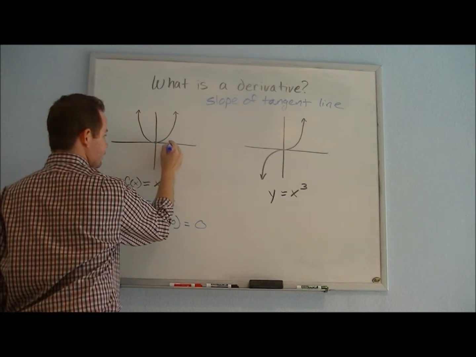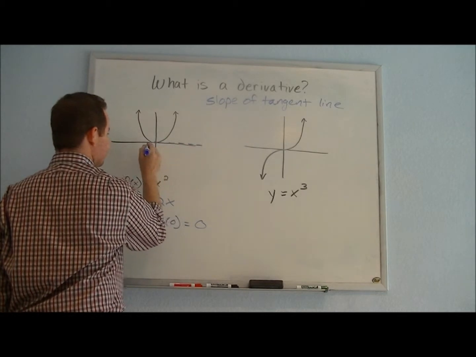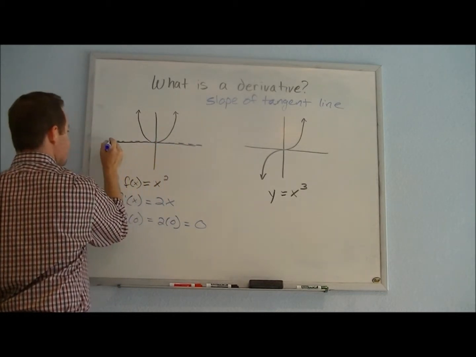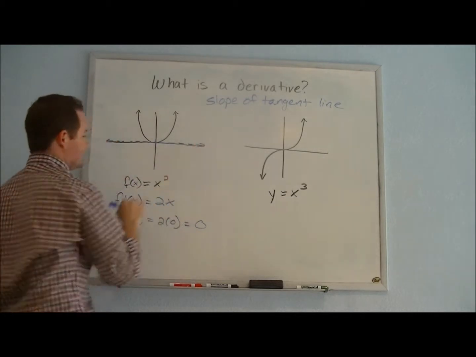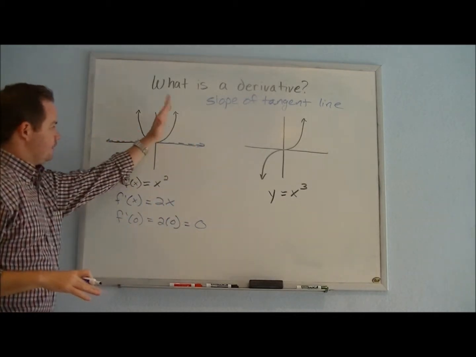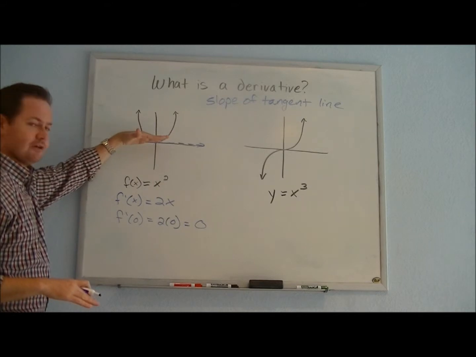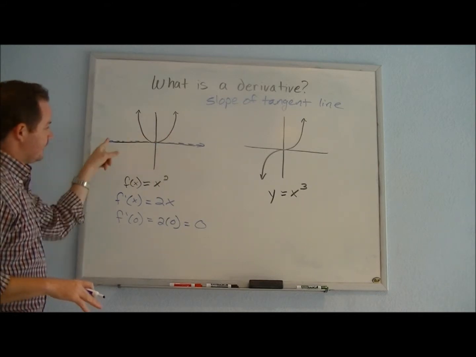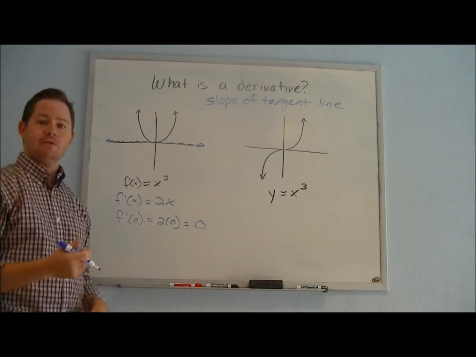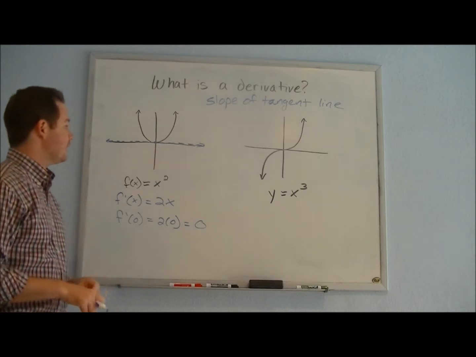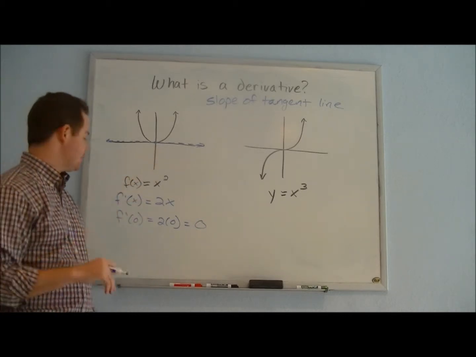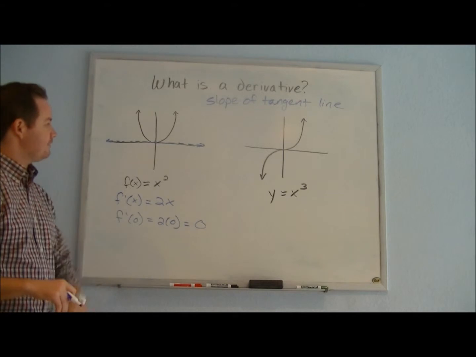That would be a horizontal line, because right at that exact point, just at the bottom of that curve, it's completely flat. Hopefully, as we've experienced in other math classes, horizontal lines have a slope of 0. So that's where we get that value.